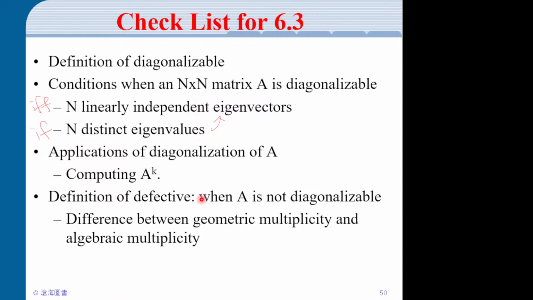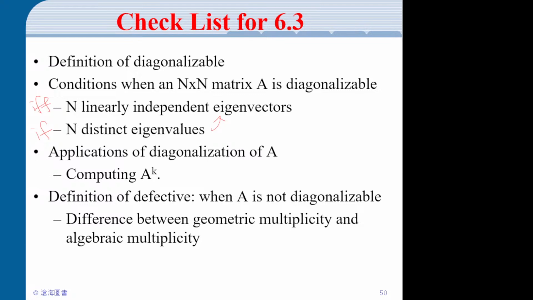Okay, and the difference between those is called geometric multiplicity and algebraic multiplicity. So algebraic multiplicity is just you have multiple lambda that have the same value.